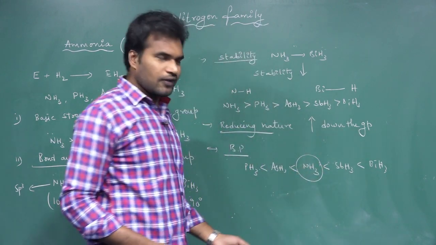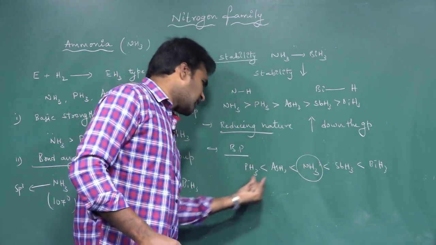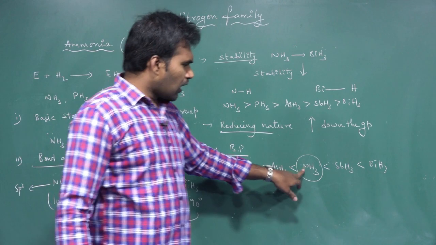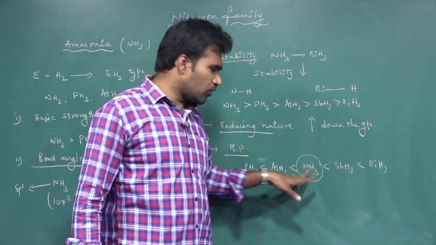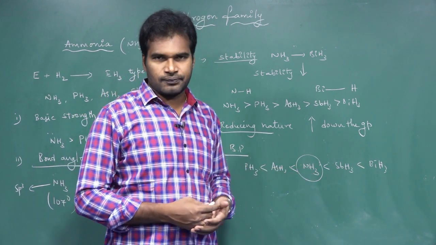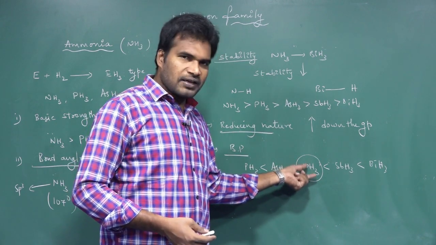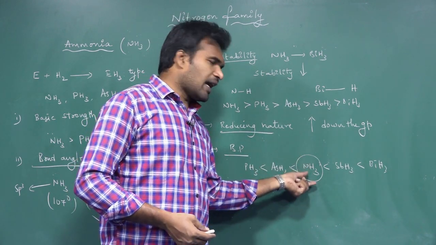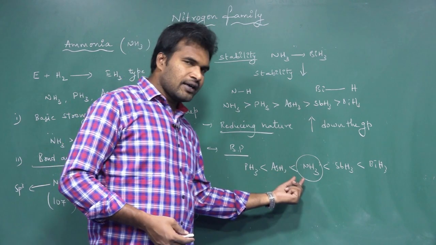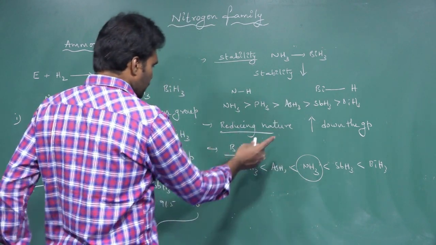Ammonia exceptionally has a higher boiling point than phosphine and arsine, because ammonia has the ability of making hydrogen bonding. Because of the ability of making hydrogen bonding, ammonia has a higher boiling point than phosphine and arsine. Okay, so this is about the boiling point.